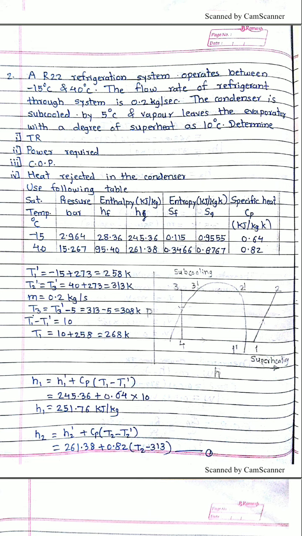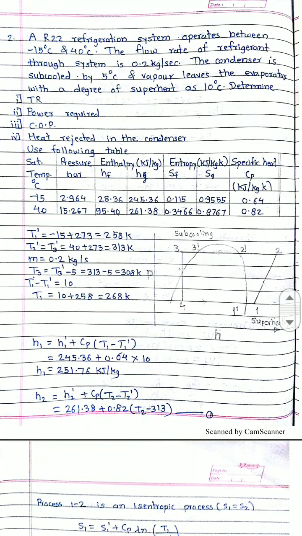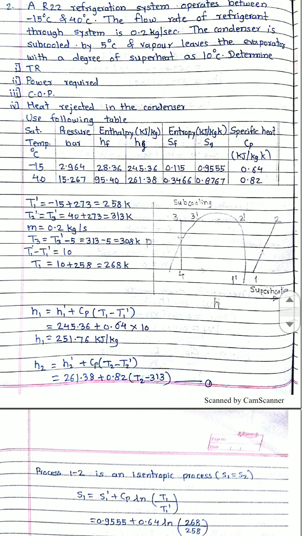So this equation is H2 = 261.38 + 0.82 (T2 - 313). Here two unknowns are there, so we will mark this equation number 1.